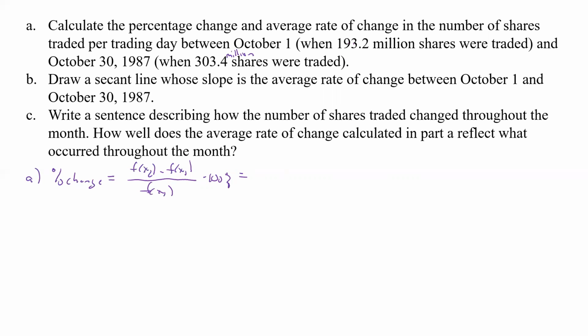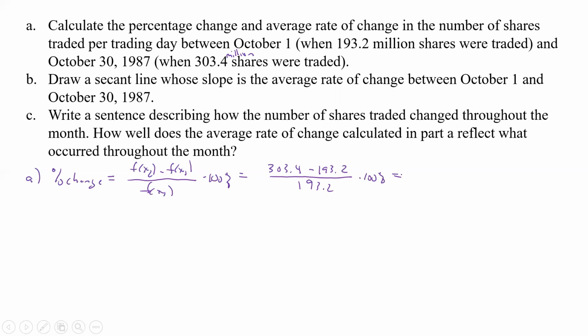Because these are on the y-axis, our second one is going to be 303.4, and we're going to drop million because when we divide, it cancels. We can just write million. The 303.4 million minus 193.2 million divided by 193.2 million times 100%.